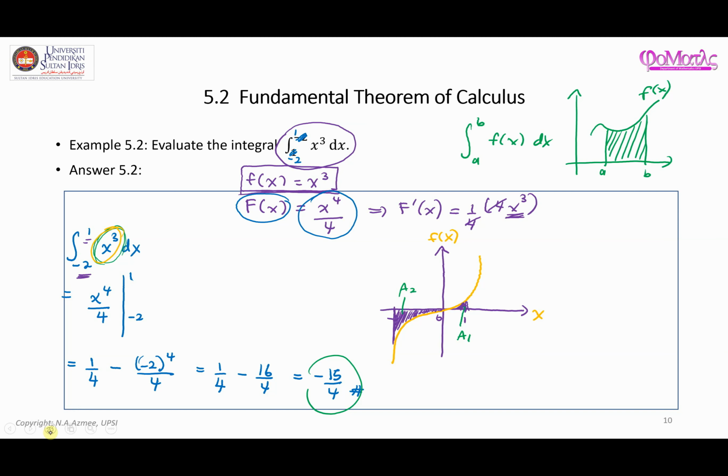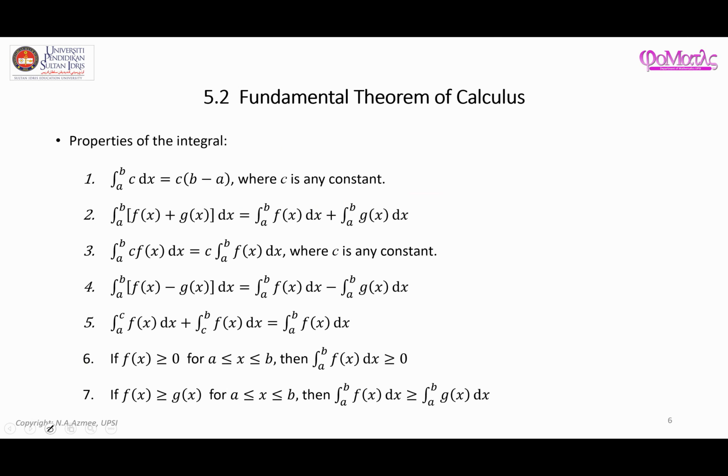Now if we go back to the property of definite integral, it says that if f(x) is greater than or equal to 0, that means at this juncture here, if I have this function and if I have this point, so for example from point 0 until this point here, let's call it A. So you can see that this one is the value of f(x) greater than or equal to 0.